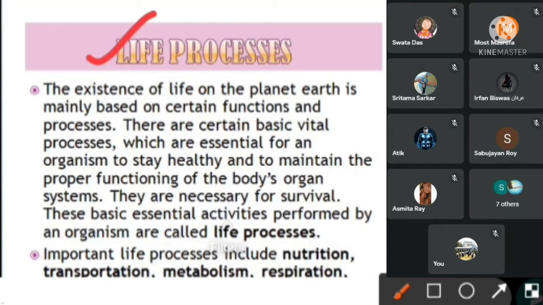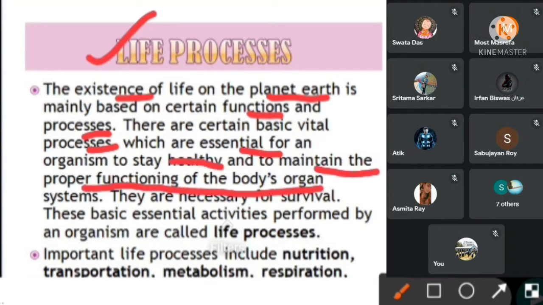The existence of life on planet Earth is mainly based on certain functions and processes. There are certain basic vital processes which are essential for an organism to stay healthy and to maintain the proper functioning of the body's organ system.